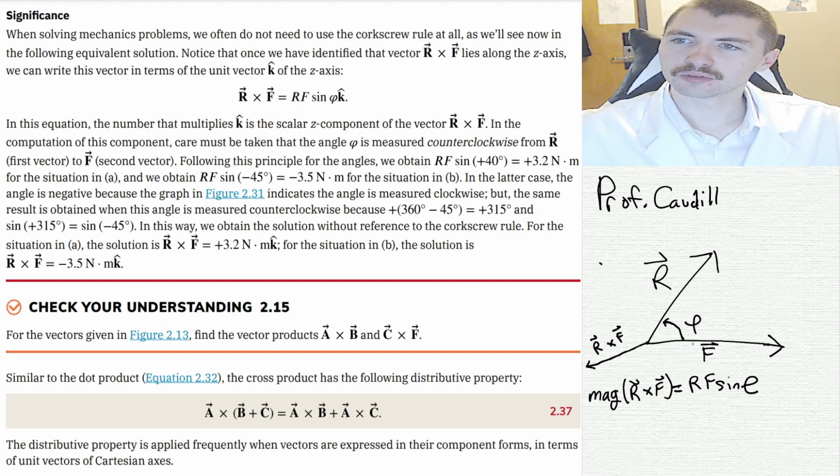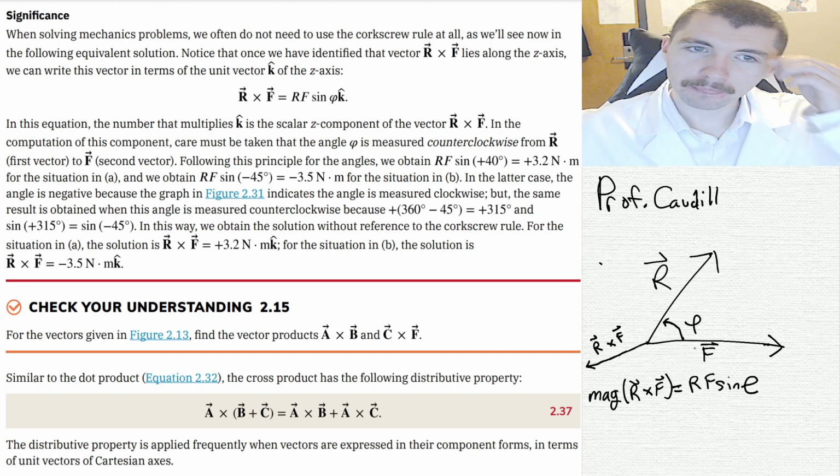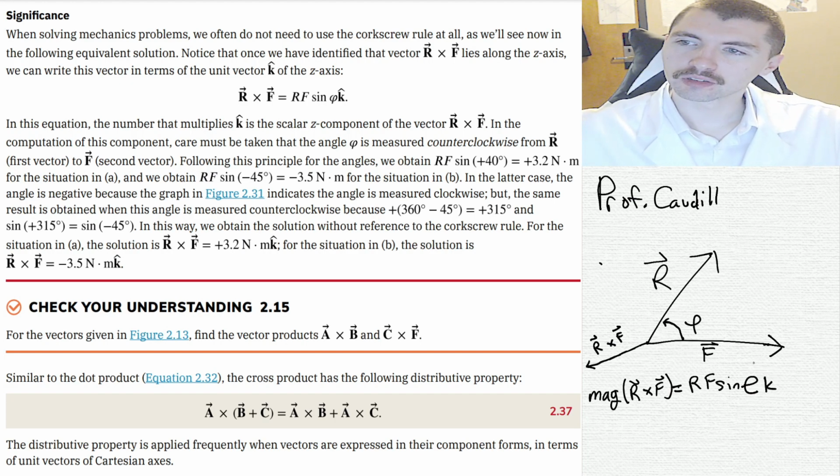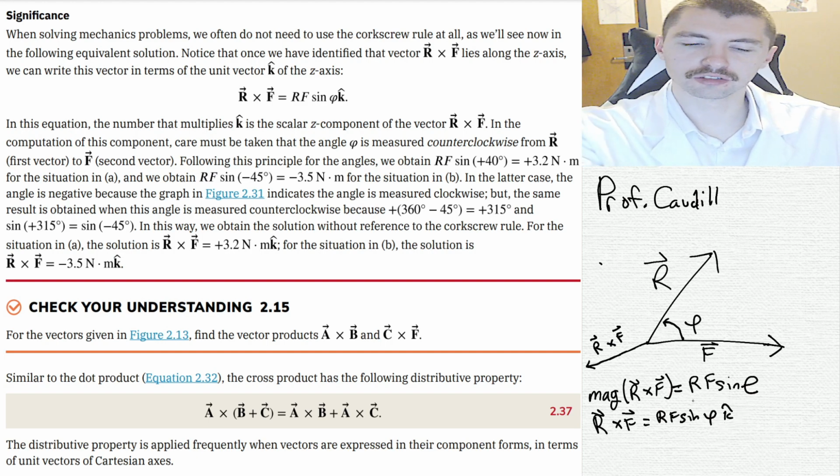But if you're talking about the actual vector itself, it's rF sine phi times k hat. So this k hat gives it a direction.